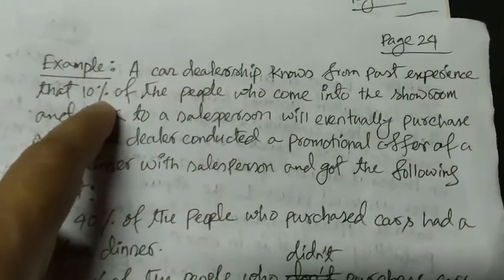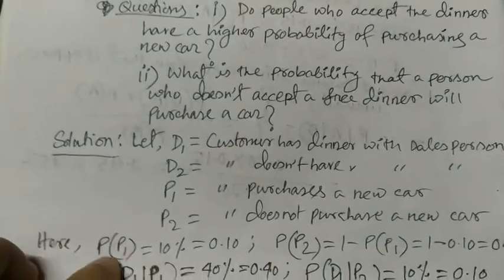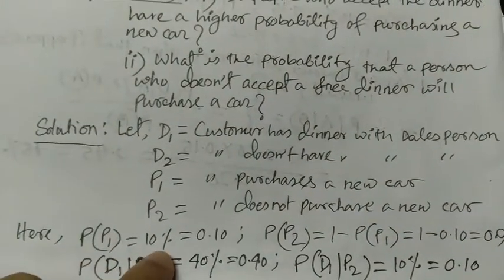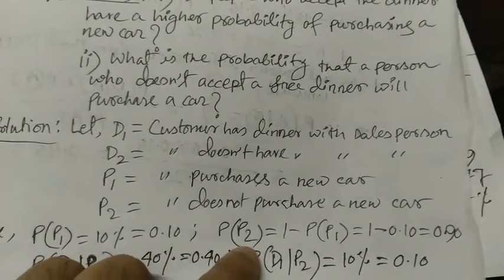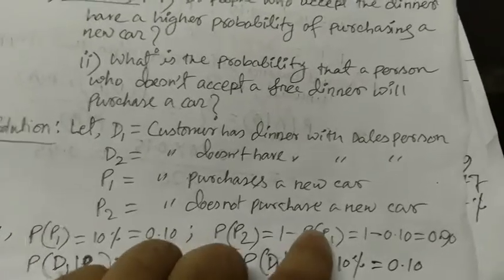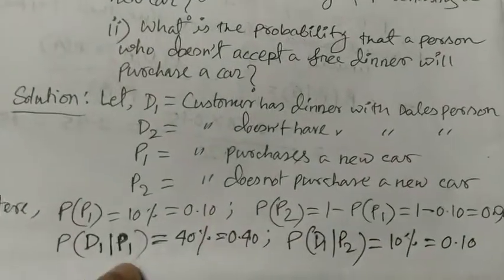So from the question we can see that the probability of purchasing a car is 10%. So the probability of P1, that means purchasing a new car, is 10%. So obviously the probability of P2 will be 90%, that means 0.90, right?